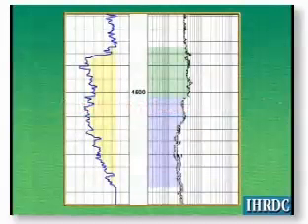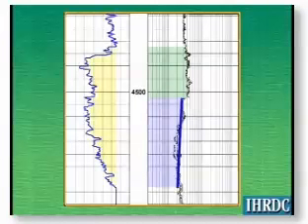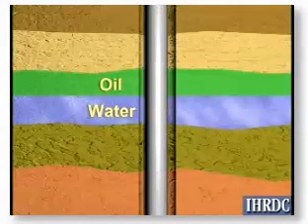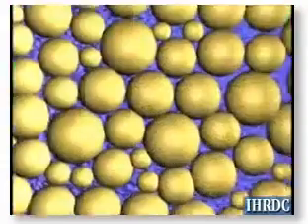Low contrast pay exhibits a very small difference in resistivity readings between the pay zones and adjacent shales or wet zones. This condition is commonly found when the resistivity tool encounters pay that is adjacent to a zone containing waters of low salinity content.